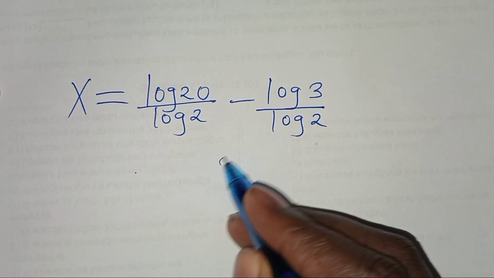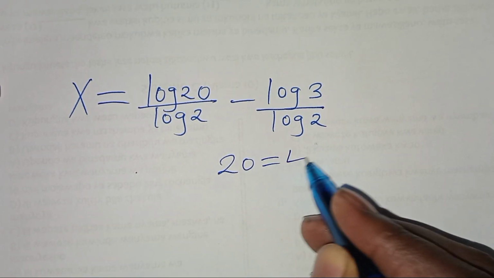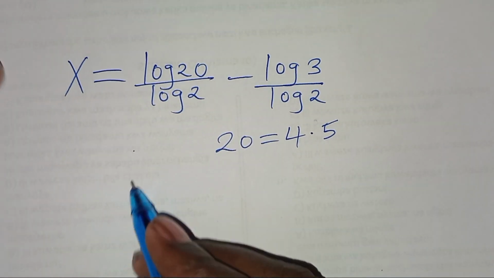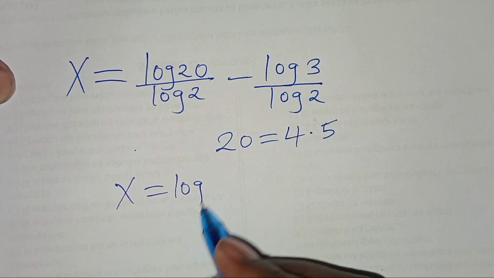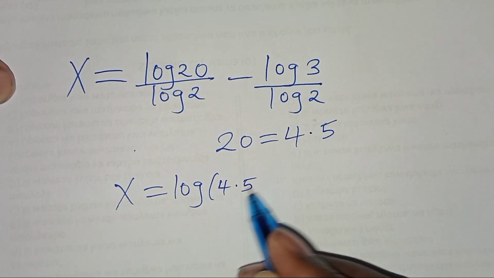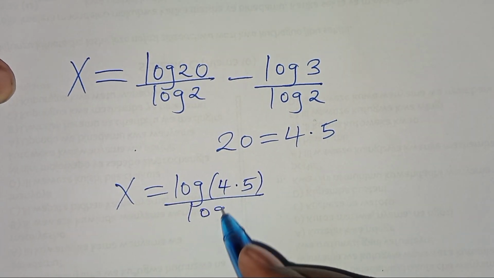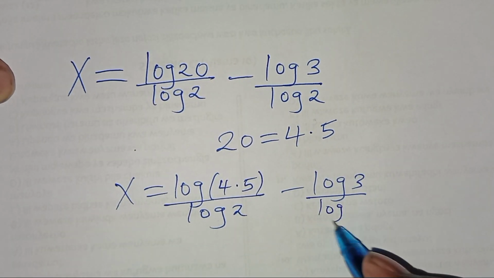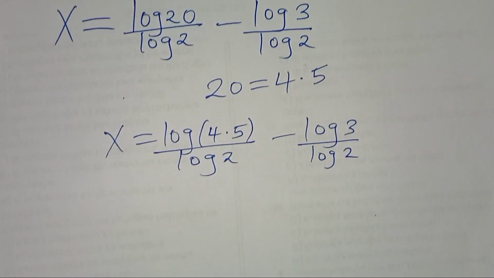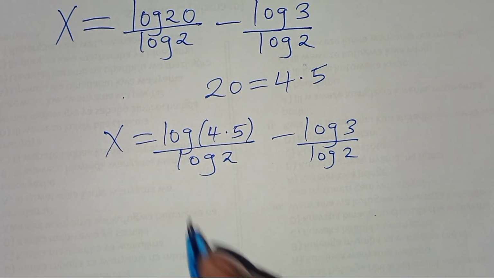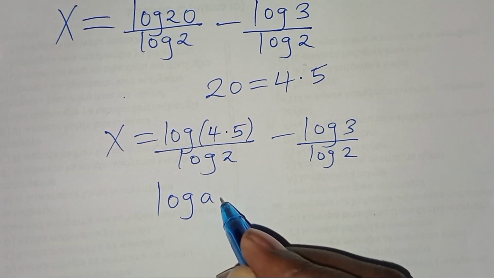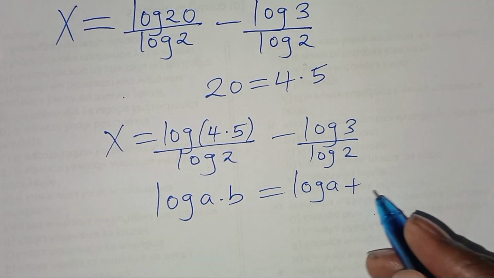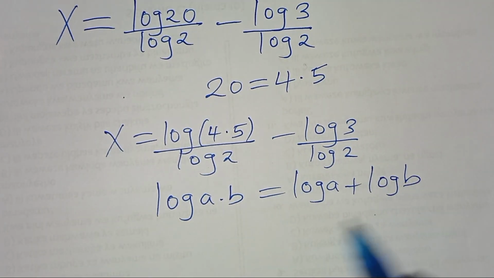We can express 20 here as 4 multiplied by 5. So substituting this, then we'll have x is equal to log 4 times 5 divided by log 2, subtract log 3 here divided by log 2. Next step here, log 4 times 5 is in the form of log a times b, which you can express as log a plus log b.